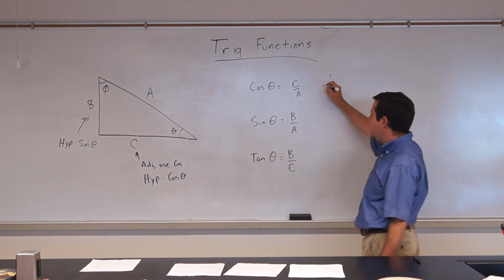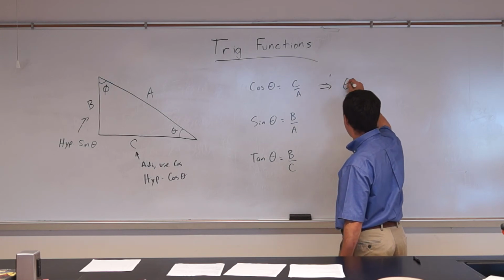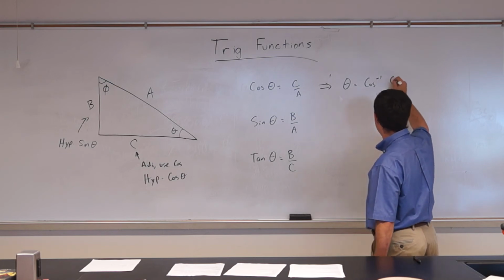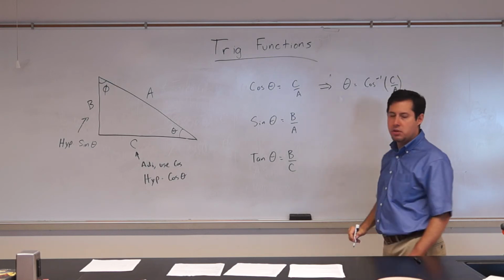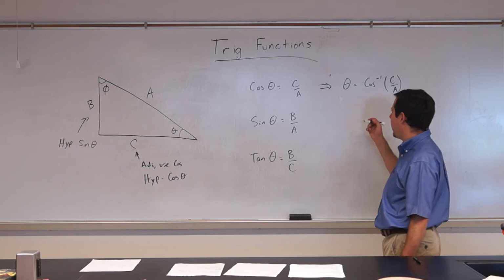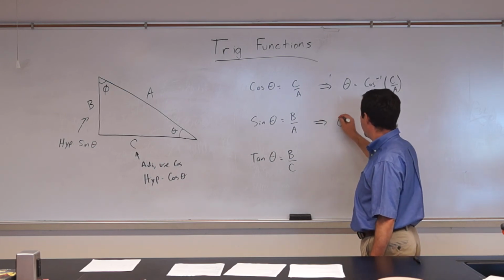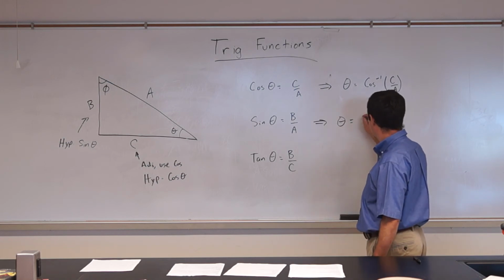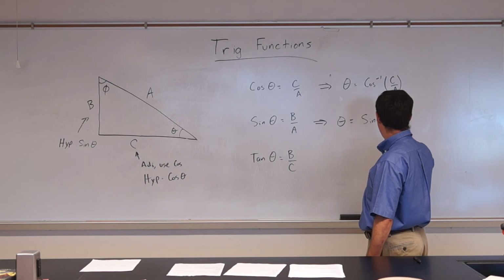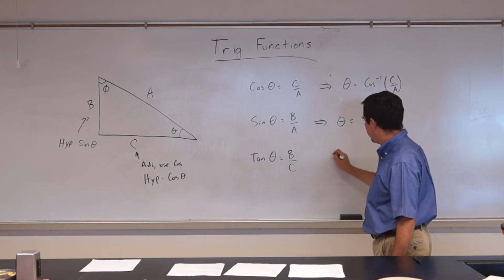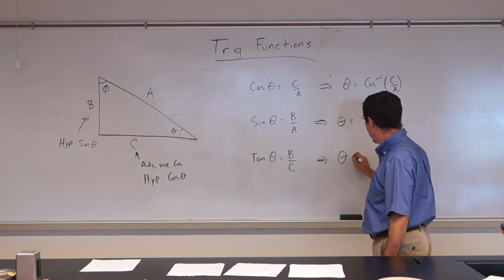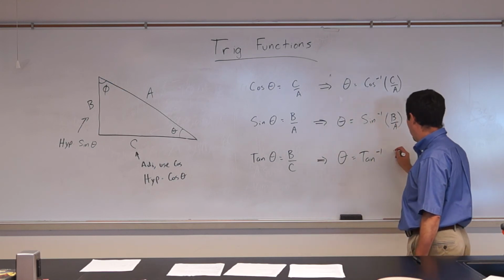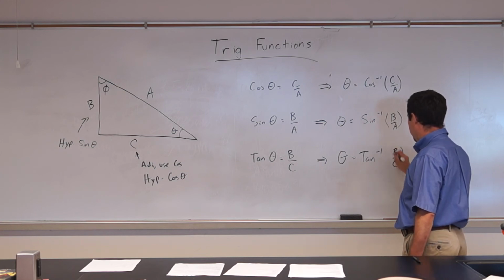So if you want to find your angle theta, theta is just the inverse cosine of c over a. And you can do this with your calculator. Not so easy to do in your head. Theta in this case is just the inverse sine, or the arc sine, of b divided by a. And theta here is just the inverse tangent of b divided by c.